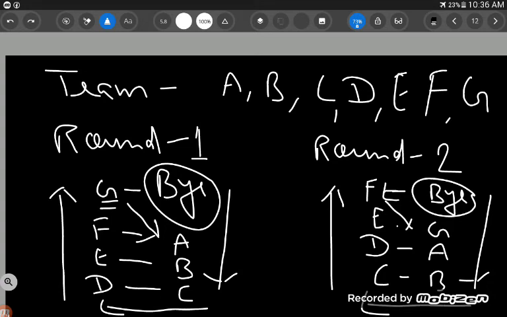Round third. Any doubt in the first and second round?